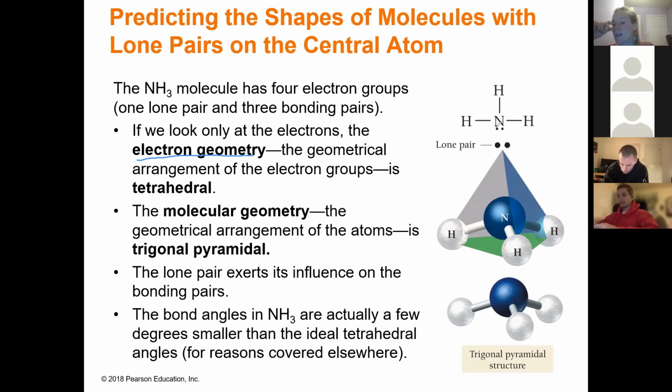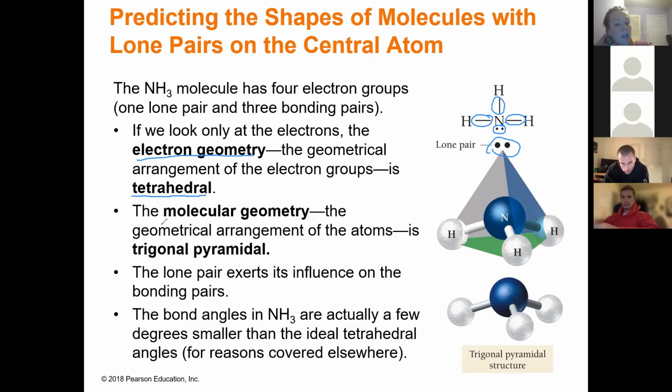So looking at this, I've got nitrogen in the center, and how many electron groups does it have? 1, 2, 3, 4. 4 electron groups. So its electron geometry is tetrahedral. It makes a tetrahedral shape. We can see it right here. The lone pair pushes down on the other remaining hydrogens, and we have this tetrahedral shape.